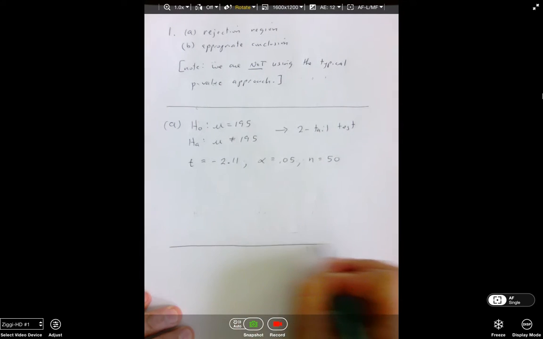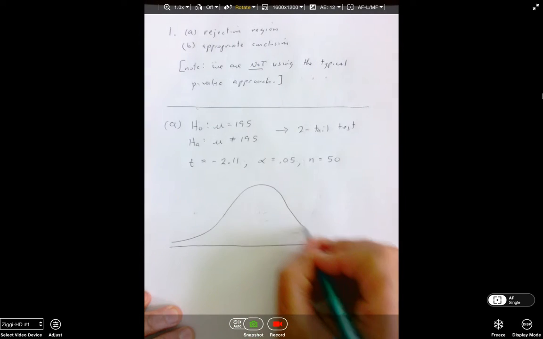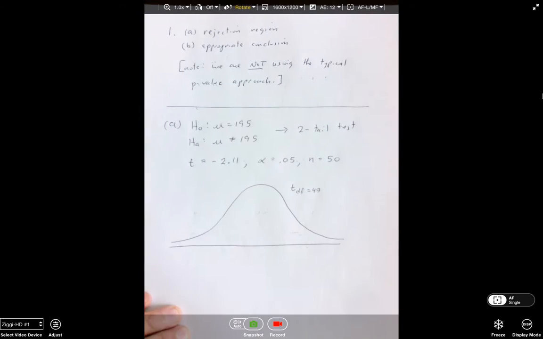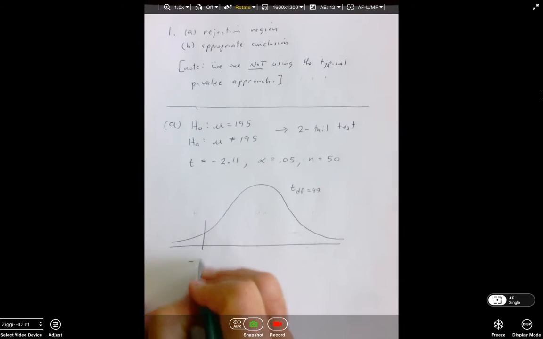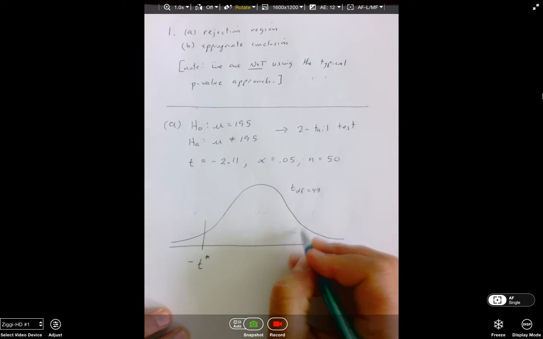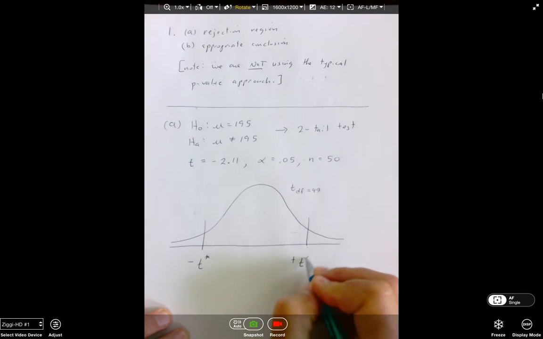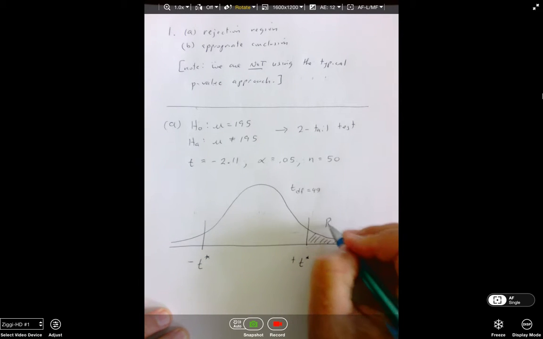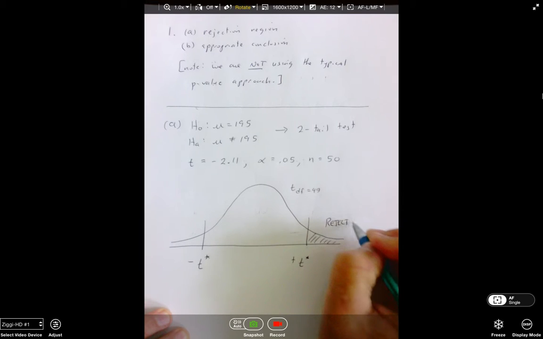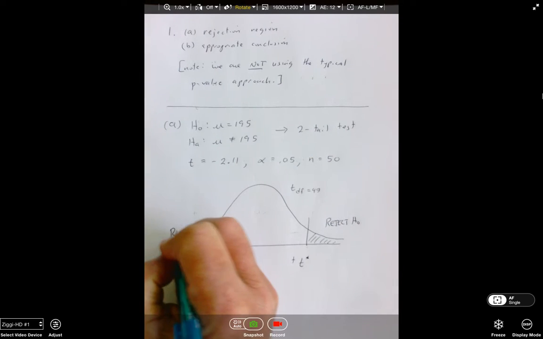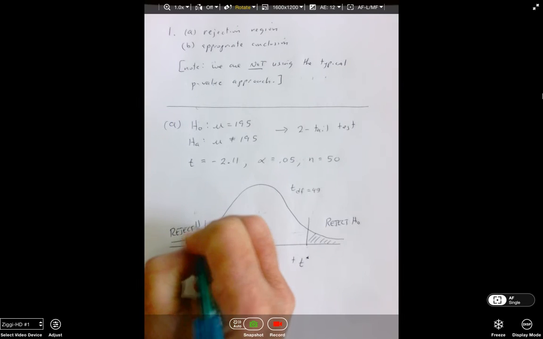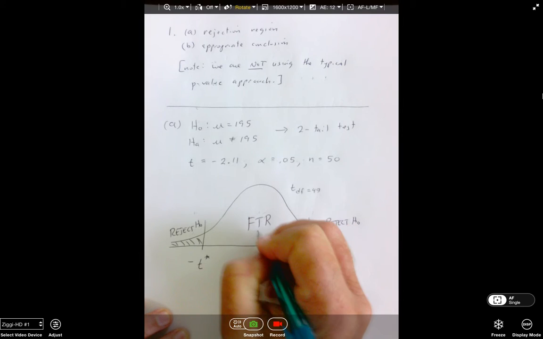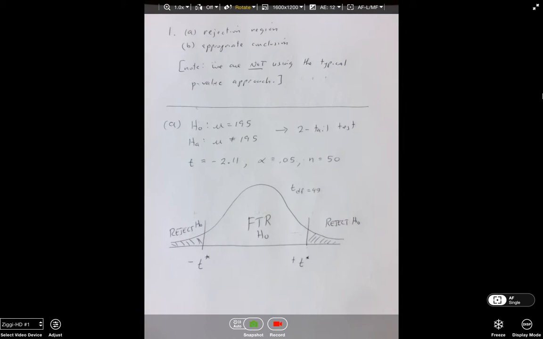So what we want to do is find in the t distribution, degrees of freedom equal 49, the negative t star and the positive t star that separate the reject region in each tail from the fail to reject.